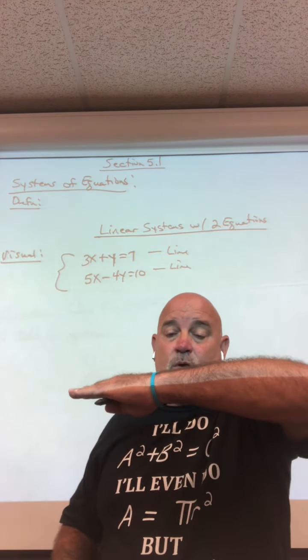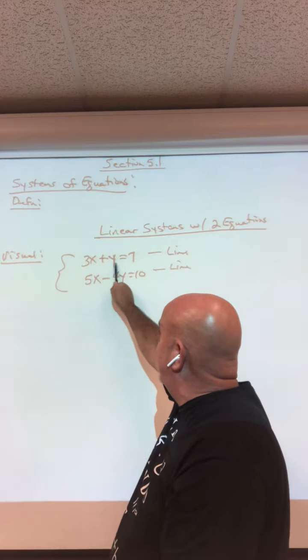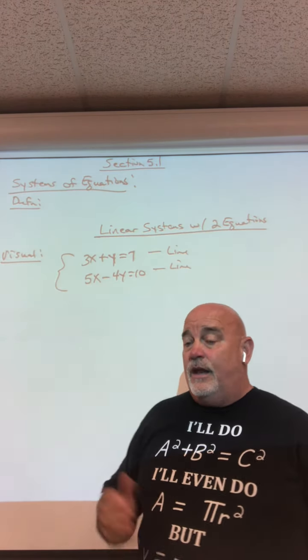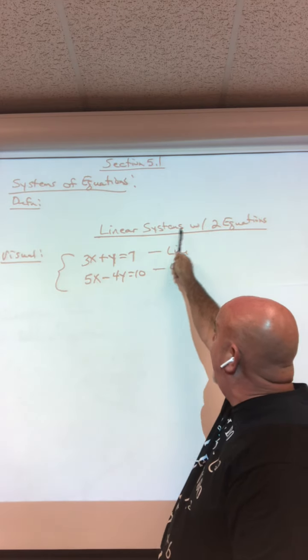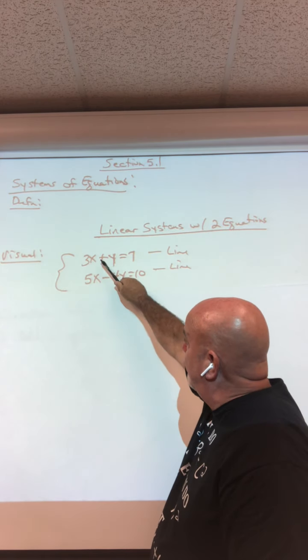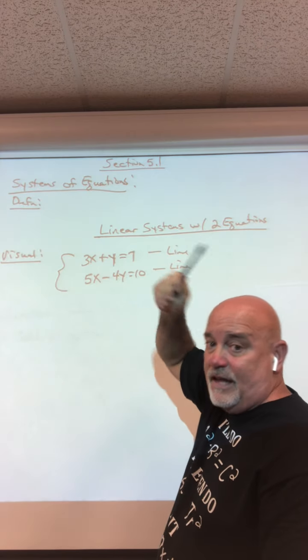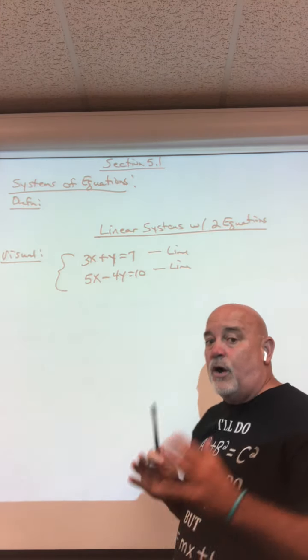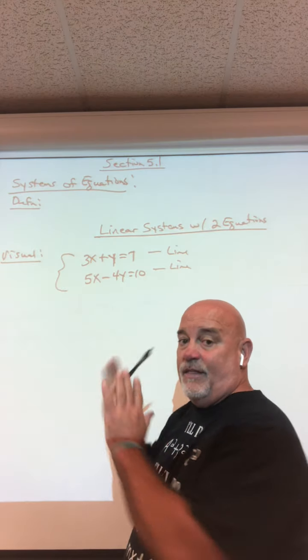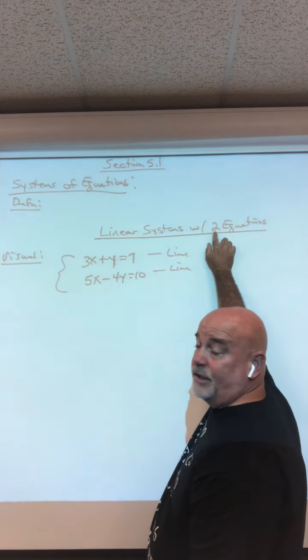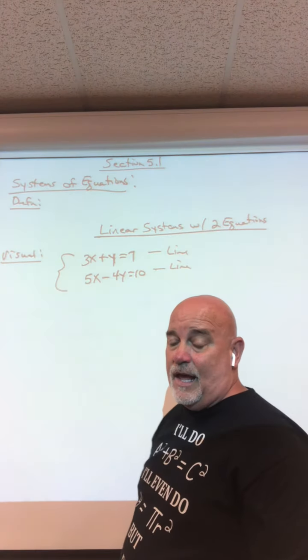Just a y, horizontal. But an x and a y, both to the first power, is a slanted line. Now, your system could have circles in it. It could have parabolas in it. That's U-shaped graphs. But we're going to limit our discussion in this chapter to a system with two equations where both of them are straight lines.